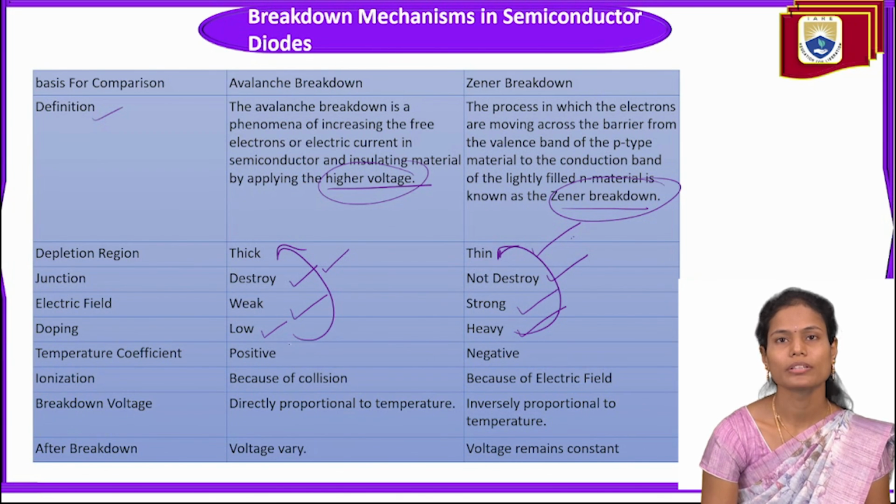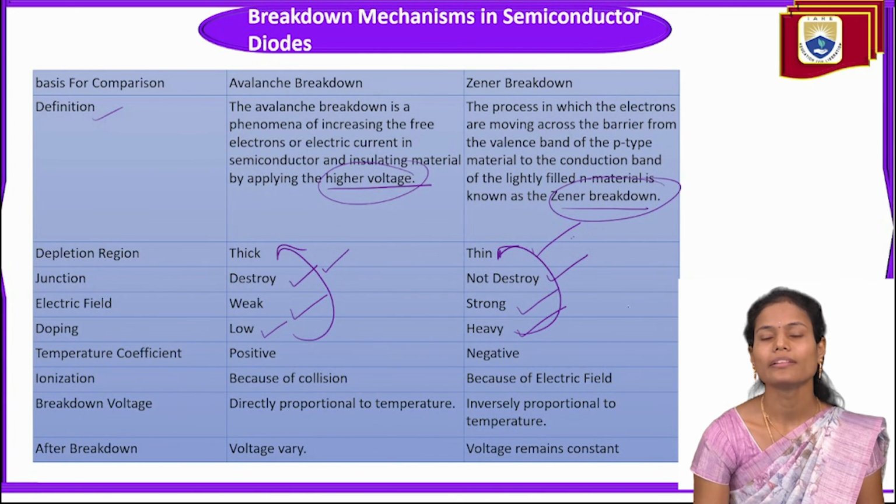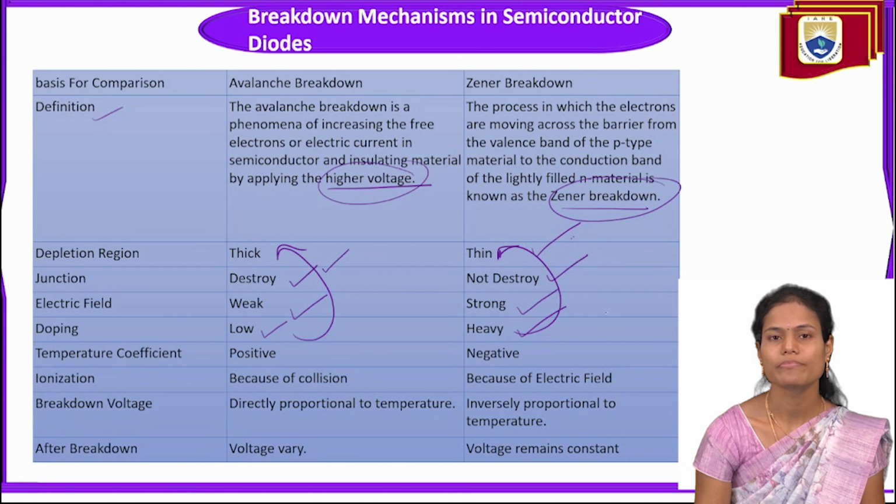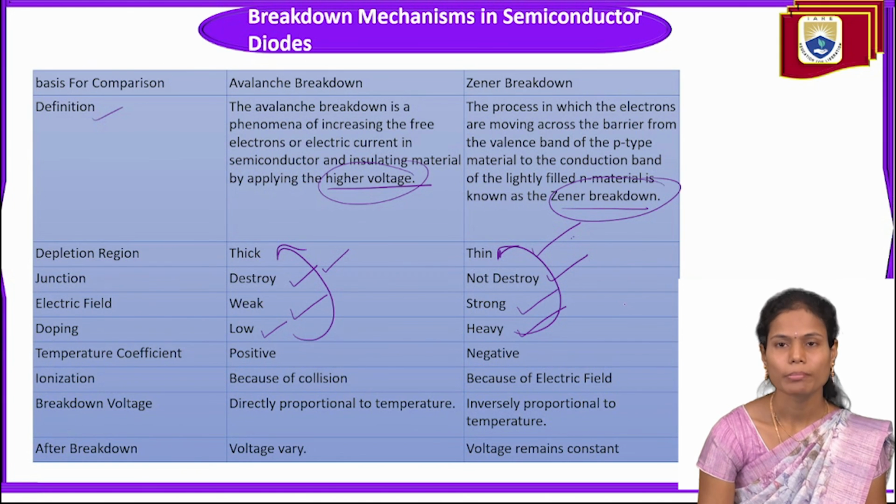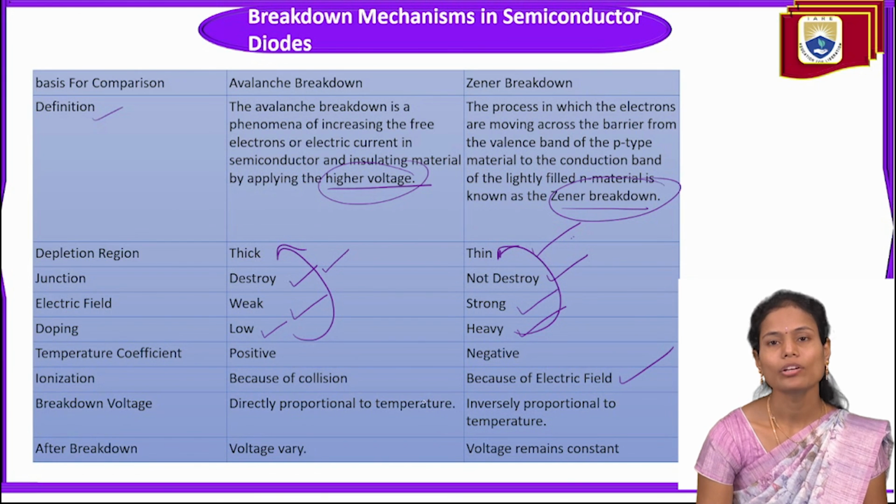And the temperature coefficient is positive for the avalanche breakdown and negative for the Zener breakdown. Ionization because of the collision process is occurring here. Because of the electric field, the ionization is occurring in the Zener breakdown. And here the breakdown voltage is directly proportional to the temperature, and here it is inversely proportional to the temperature.